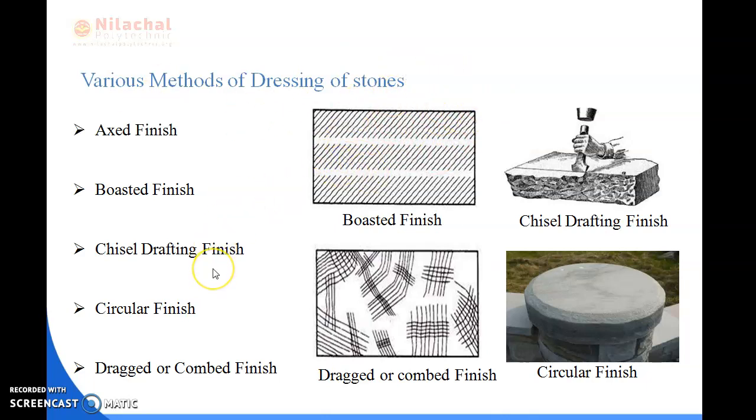Okay. Next is chisel drafting finish. Here you can see the chisel drafting finish diagram. Okay. In this type of finish, we have to obtain uniform joints, like uniform shape and size.